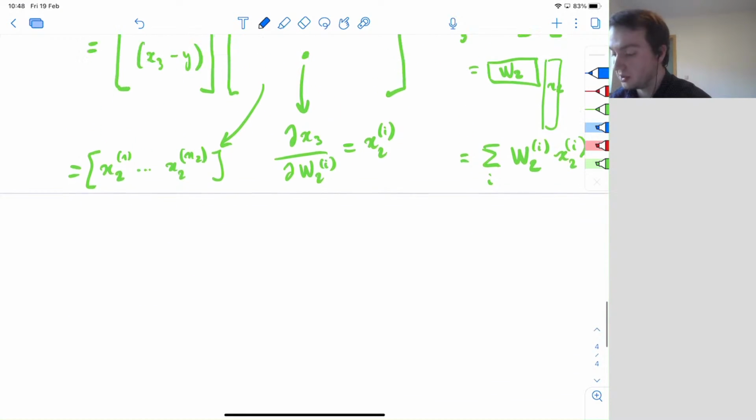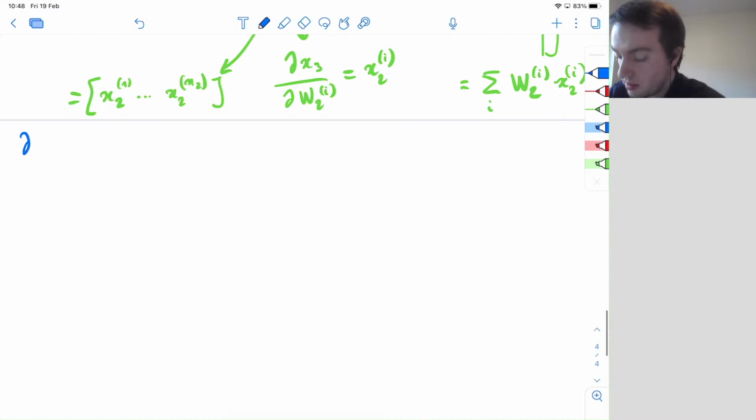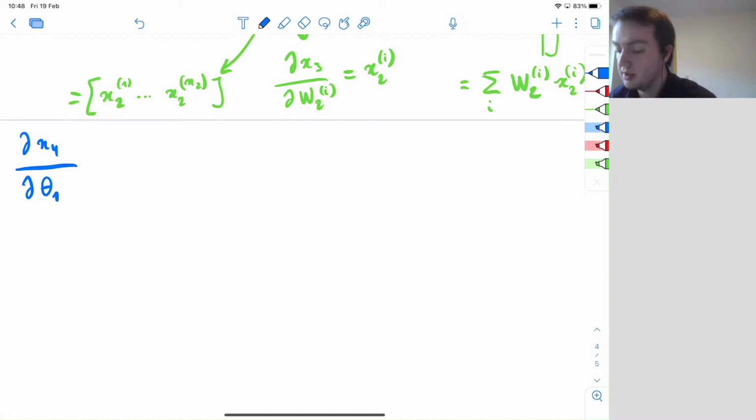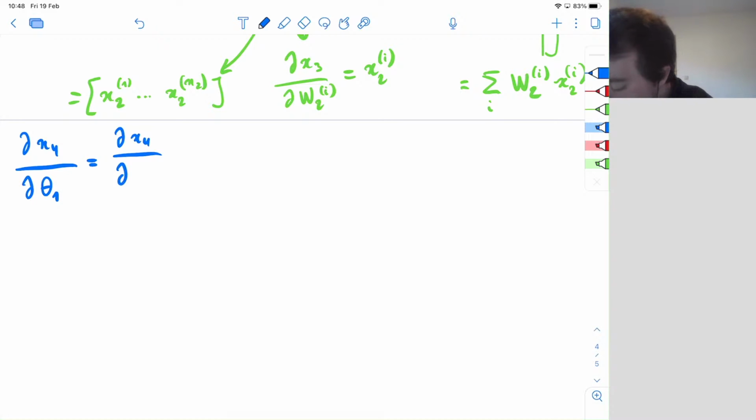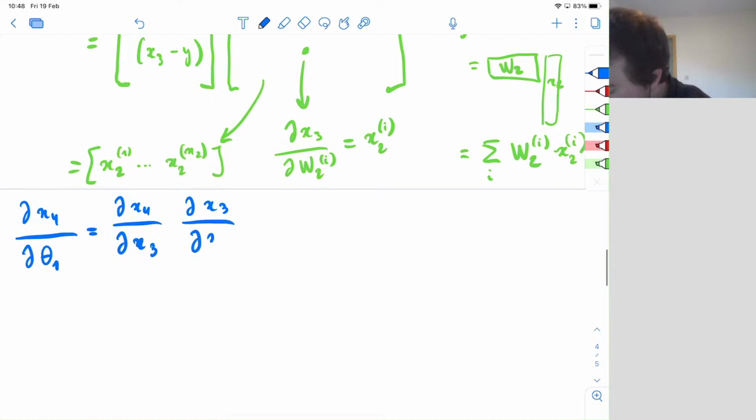All right, so that was easy. Let's now do the same for x4 with respect to the other parameters of our MLP, this guy. So again, I will use the chain rule, which says that I can re-express this Jacobian as a product of Jacobians associated to the intermediate functions. So we have this x2.